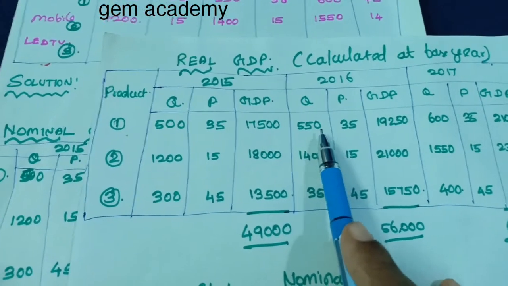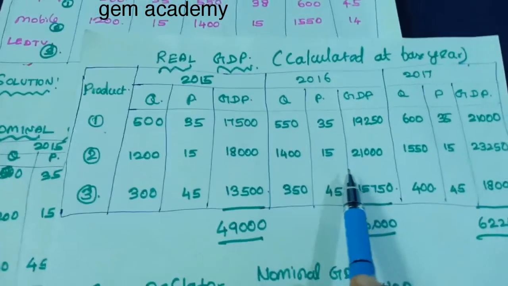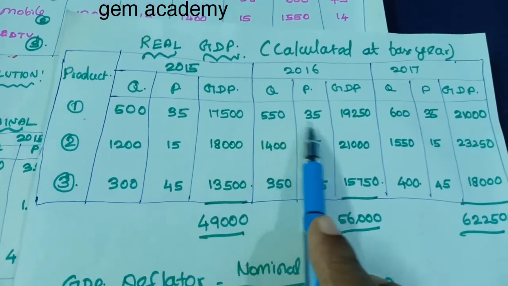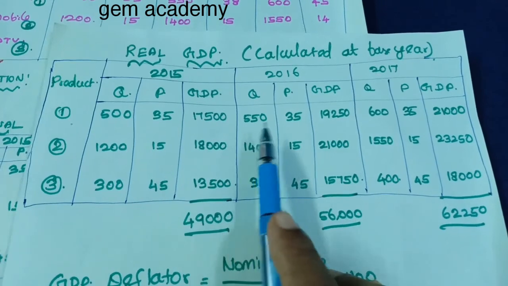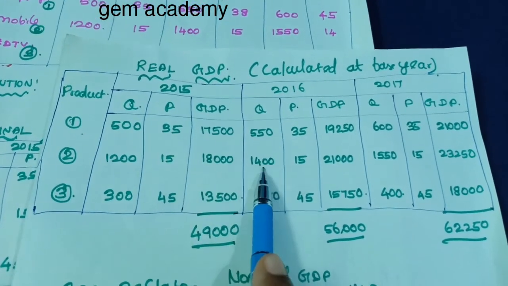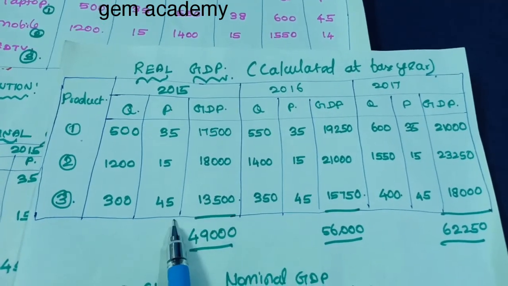Here, quantity is 2016, but the price is 2015. Depending on base year, we are calculating the real GDP. 550 into 35, 1400 into 15, 350 into 45.